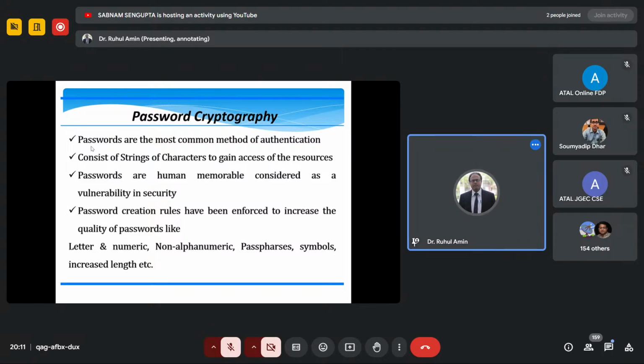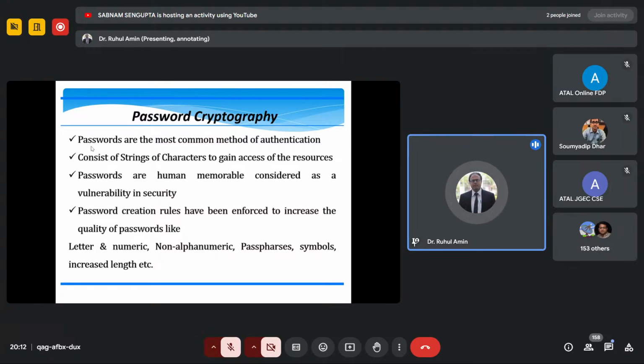So you have to use a combination of letters, numerics, non-alphanumeric characters, or a passphrase, and a minimum of 8 characters. It depends on the mechanism they use, but the thing is, it should be human memorable, right?